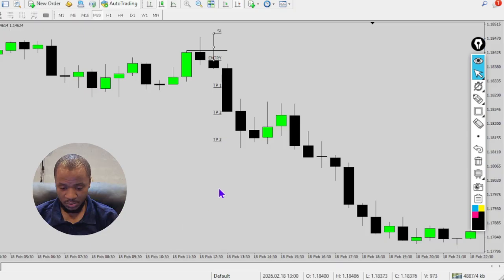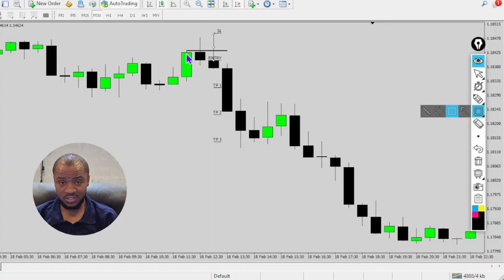So here on my chart, I have examples over here. As you can see, the candle opened and then the middle candle went above but closed below the first candle, right?